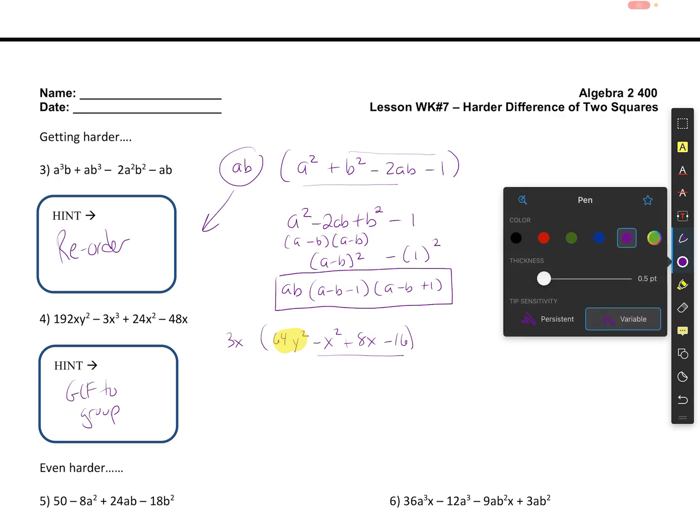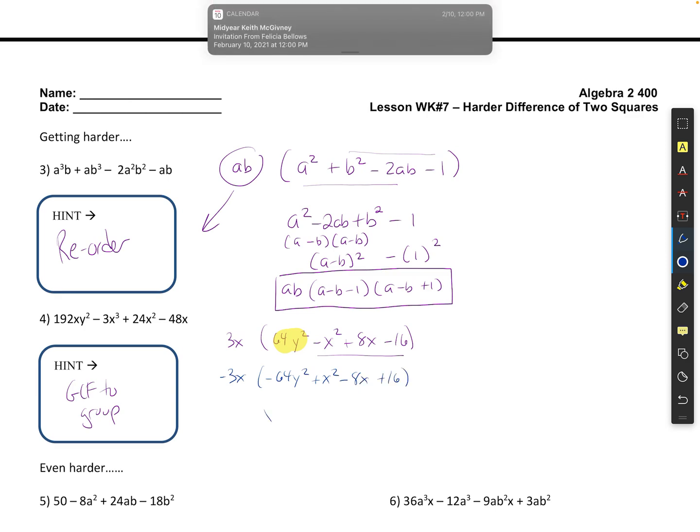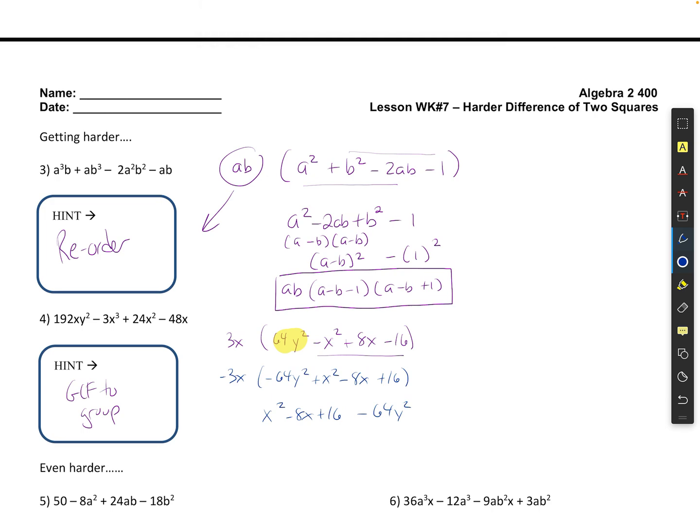So if I could modify this problem, I would have GCF to negative 3x. By doing that, I'd have negative 64y squared plus x squared minus 8x plus 16. And by reorganizing it, x squared minus 8x plus 16 minus 64y squared, there's my perfect trinomial. Now I'll go back and show you from the original problem, the way we did it, how it would work.